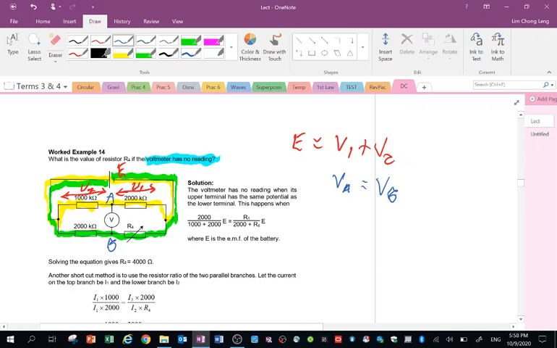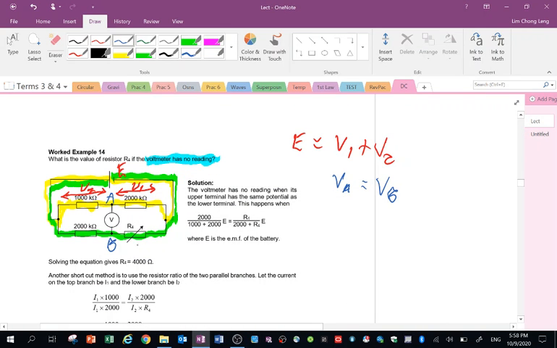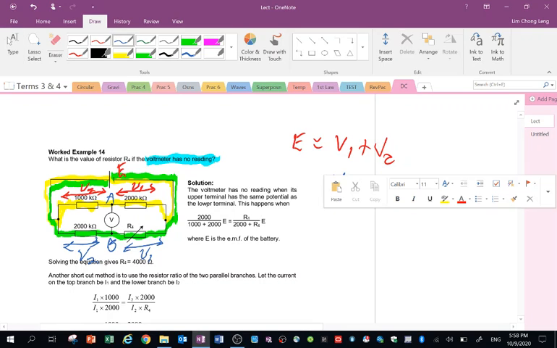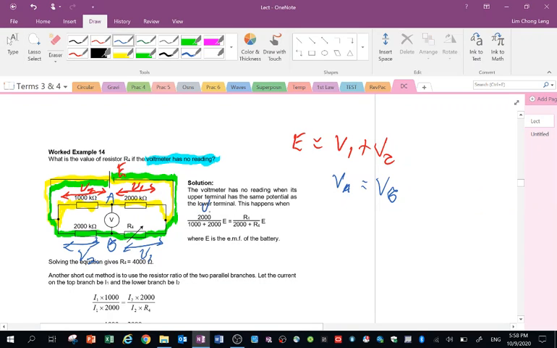So it simply means that in such a situation, this is going to be V1, this is going to be V2. That means the ratio is the same. The ratio of V1, V2 for the upper branch and the lower branch are actually the same. So this is V1 of the upper branch, the yellow part, and this is V1 of the lower branch.